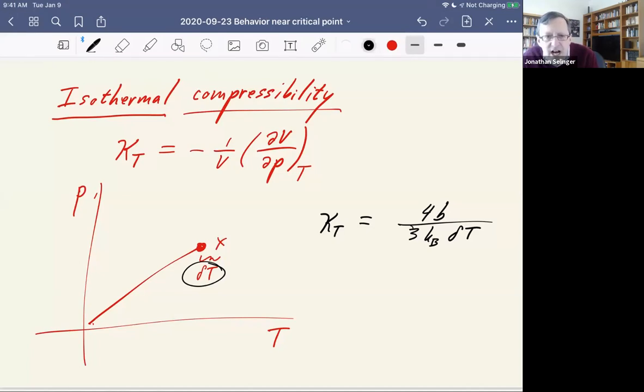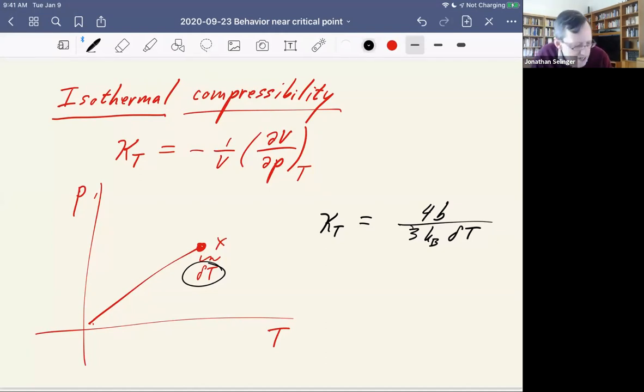That goes along with the point that Cheng was making, that near the critical point there are big fluctuations. Also, there is a big response to a pressure. So when you're near the critical point, even if you just put on a tiny little extra pressure, you get a huge change in the volume.